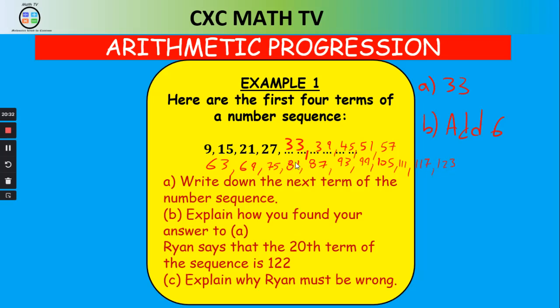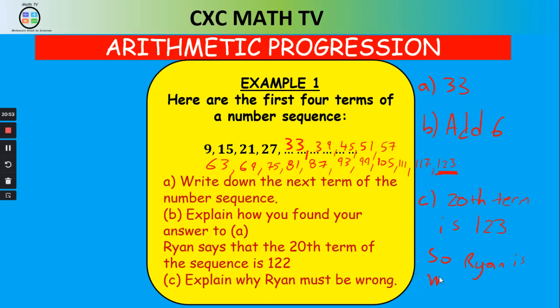So the 20th term would be, this is 5, 6, 7, 8, 9, 10, 11, 12, 13, 14, 15, 16, 17, 18, 19, 20. So the 20th term is 123. And so Ryan is wrong.